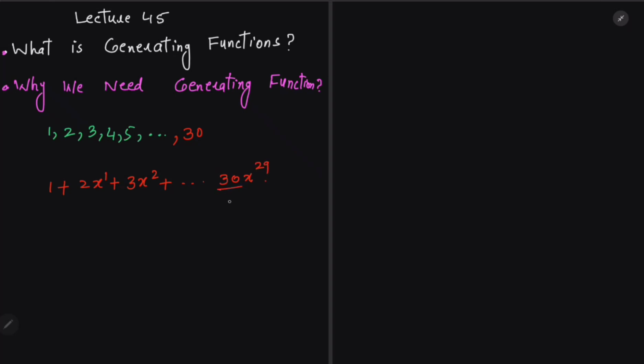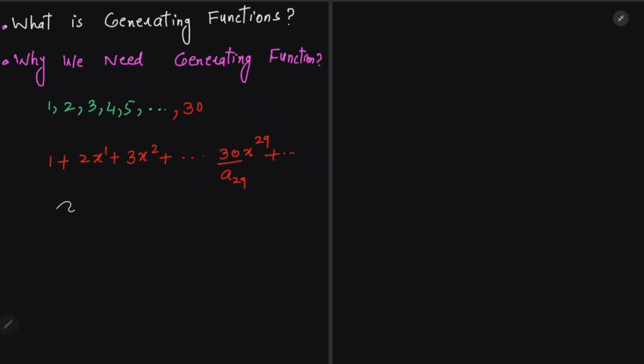So this is a29. This is one of the ideas of generating functions. What we do is write a sequence in terms of powers of x, and this is called the generating series, and the outcome of this generating series is the generating function that we are going to discuss. I hope you got the motivation to study the generating function.